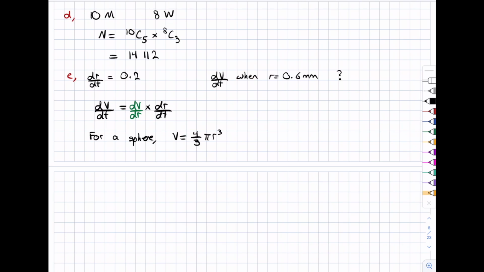So if we differentiate this, dV on dr is equal to 4 pi r squared. And then when we have r equal to 0.6, dV on dr is 4 times pi times 0.6 squared.